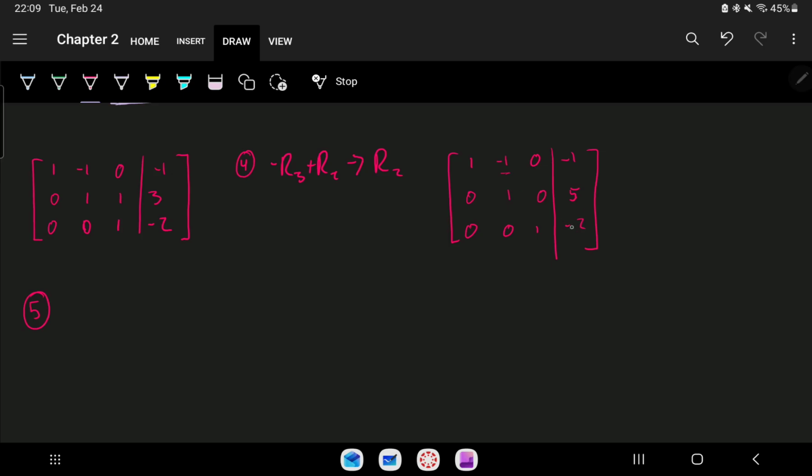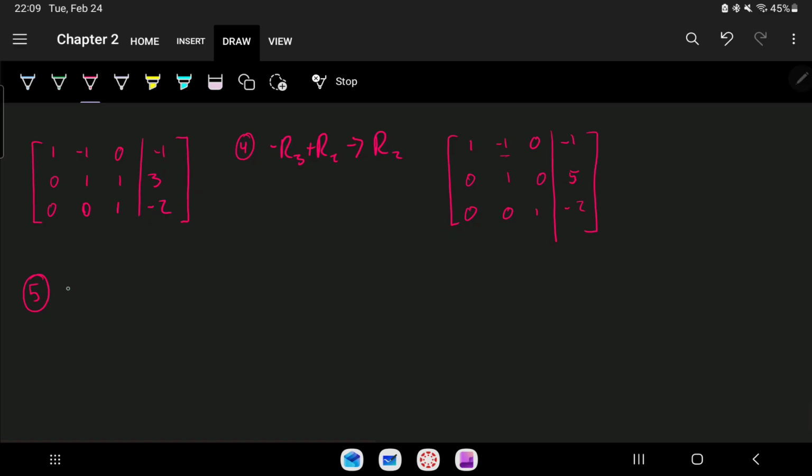At this point, you can figure out pretty quickly what each of these scalars should be. However, it is even faster if you have everything in reduced row echelon form, so I tend to like doing that. We could just do r2 plus r1. It's going to be the new r1. It's going to give us 0, 0, 1 on the bottom, 0, 1, 0 in the middle, and 1, 0, 0 at the top.